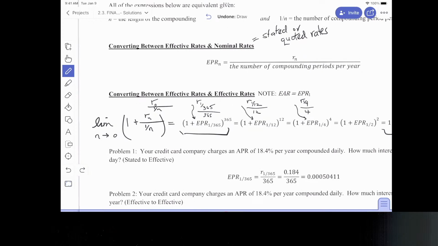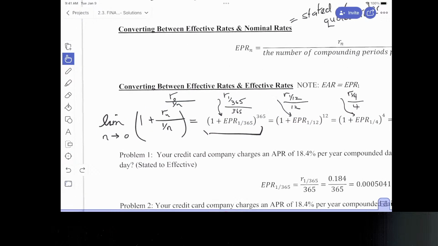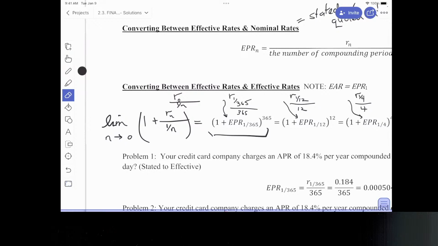It's actually equal to the exponential function to the power of R0. So you must have learned this about the exponential function at some point. If you didn't, you're learning it now.